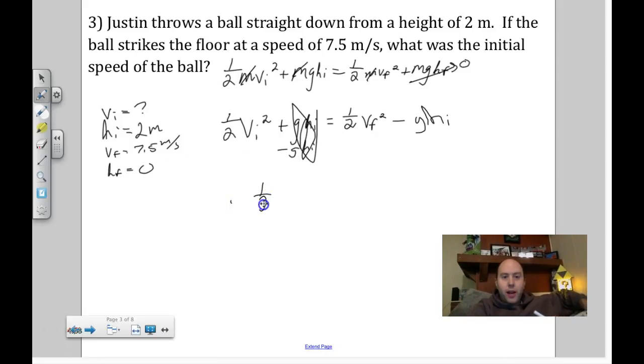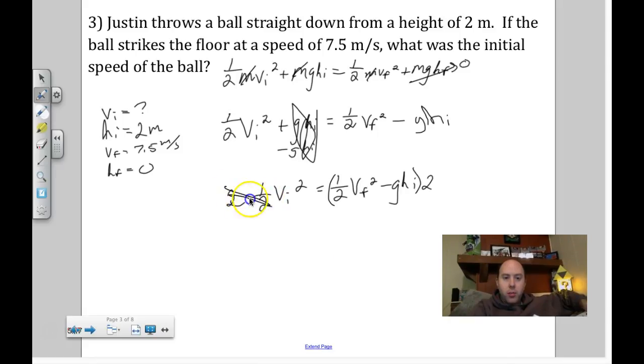So that gives me 1/2 times initial velocity squared equals 1/2 times final velocity squared minus gravity times the initial height. Next, I have to bring over the 2. How? I multiply both sides by 2. So I do the quantity times 2.